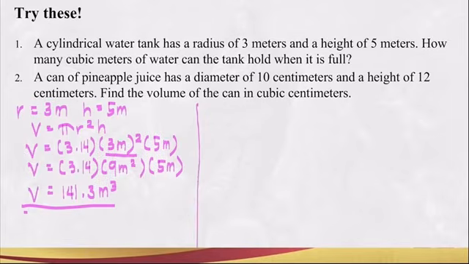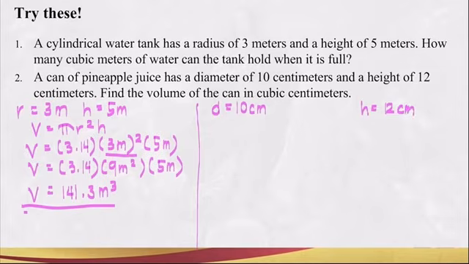A can of pineapple juice has a diameter of 10 centimeters and a height of 12 centimeters. Find the volume of the can in cubic centimeters. So step number 1 is let's identify the given. We have the diameter, D is equal to 10 cm, and height is equal to 12 cm.